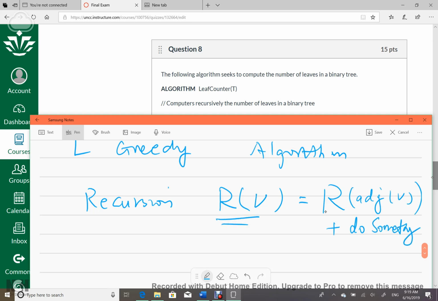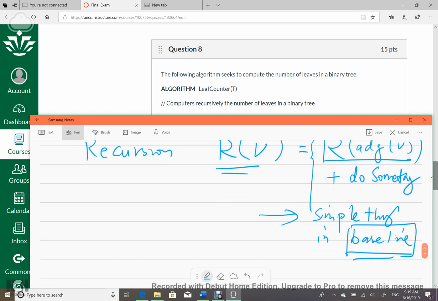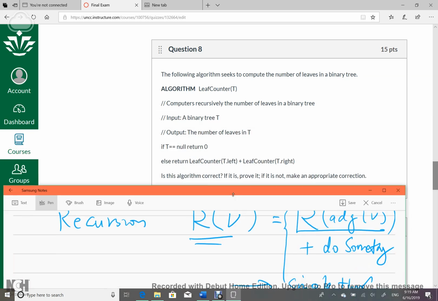But we have to remember we have to see it will not recurse forever. You have to stop somewhere. You have some simple thing in the baseline condition, and you do not need to go recursion forever. In some way, you have to stop this recursion. We have to remember we need to have a baseline, right? So we need to have these two things, and we need to make sure it stops.